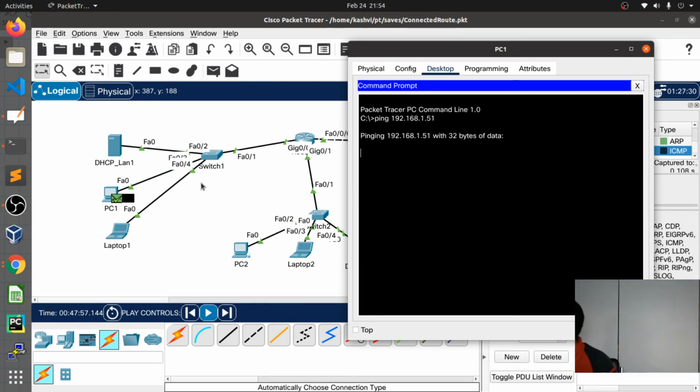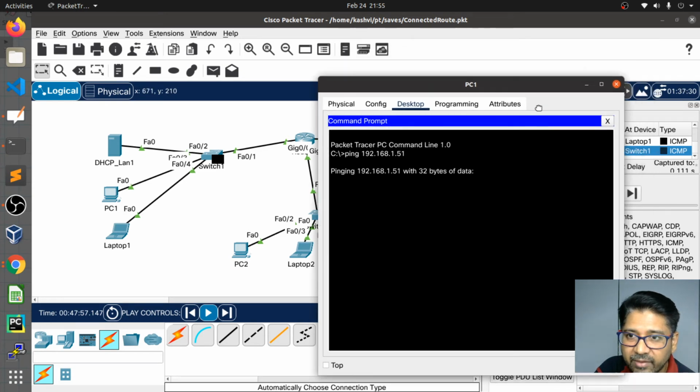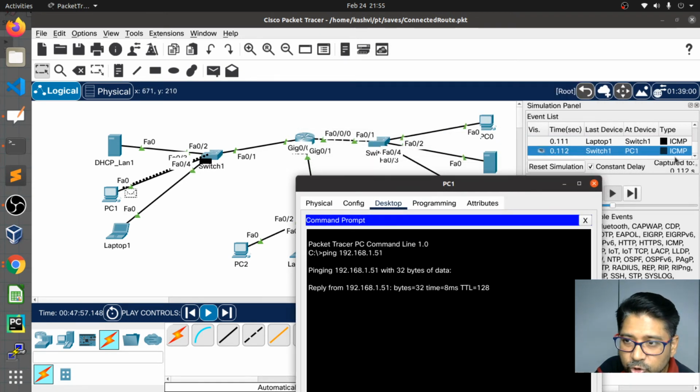This is ARP. You will only see the reply from PC1, and then they make the ARP table. Then they start pinging with ICMP. ICMP is nothing but a ping packet.